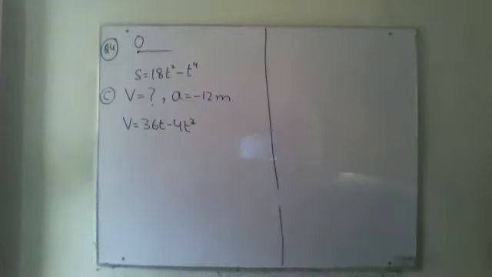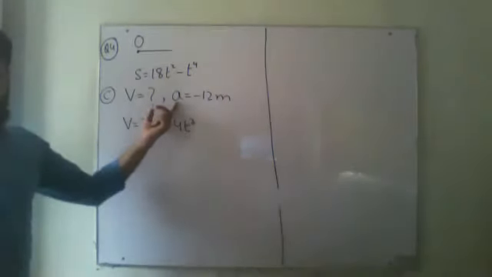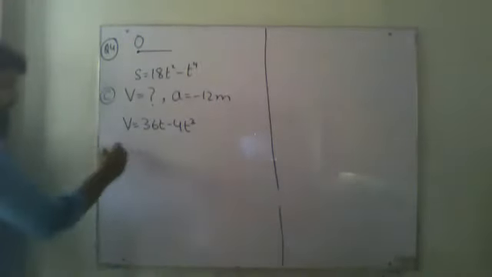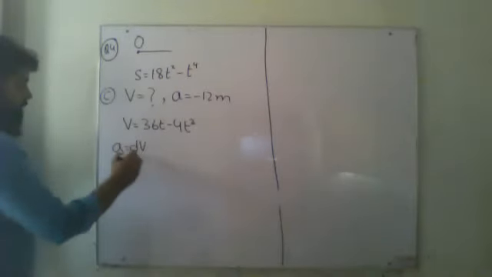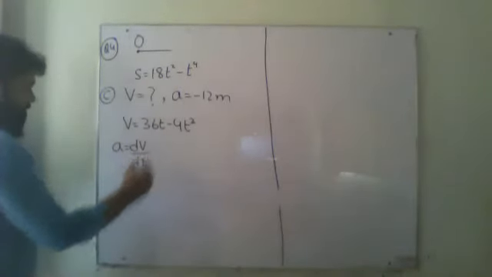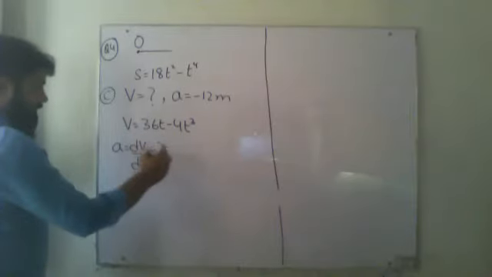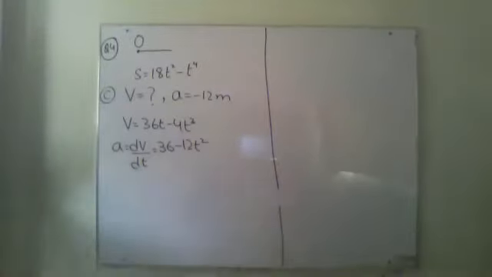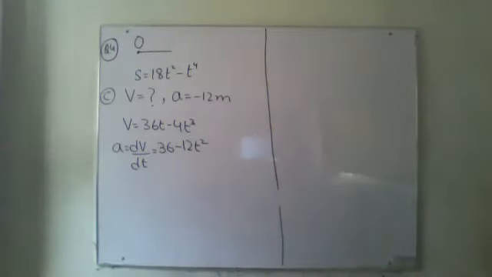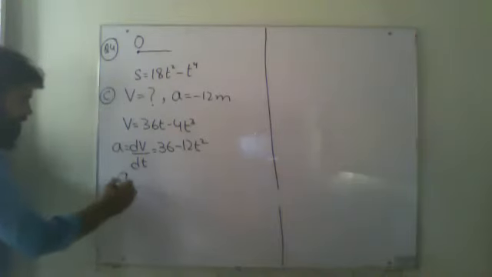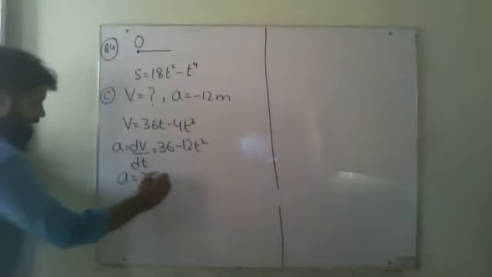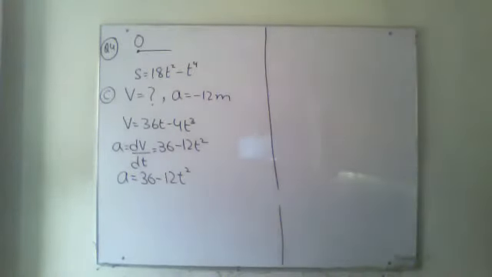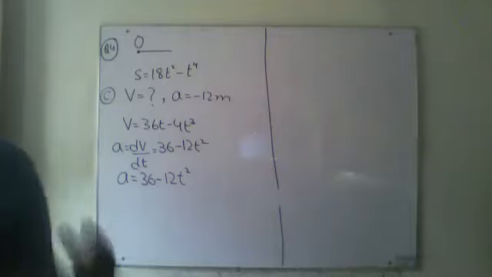Now I have to go for acceleration, so I'm going to differentiate it again. Acceleration equals dv over dt. This will become 36 minus 12t square. So my acceleration equation is coming 36 minus 12t square. Again, what is connecting acceleration and velocity?